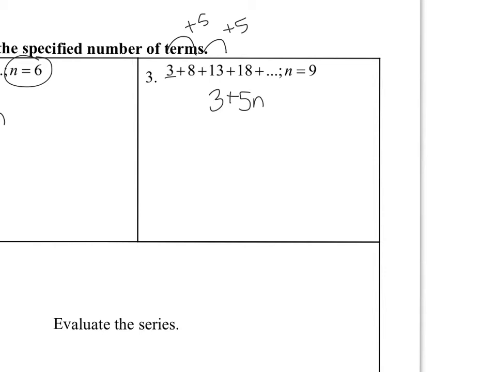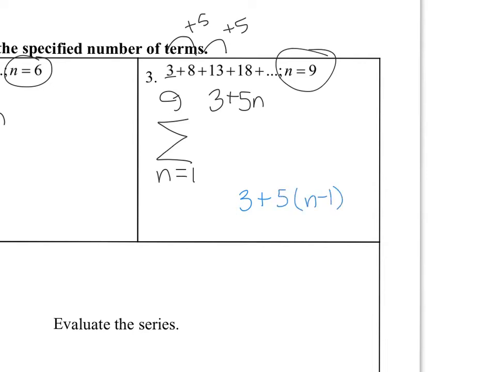That's why I would use my technique of doing the sigma part, starting at 1, ending at 9, and then going off to the side and writing the arithmetic sequence formula for it. It's going to be a sub 1 plus the difference, which is 5, times n minus 1, and then simplifying this. So this is 3 plus 5n minus 5, so this is 5n minus 2.